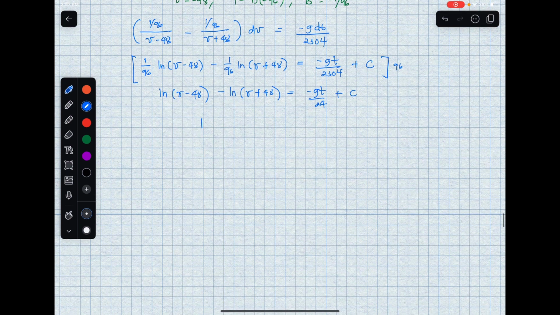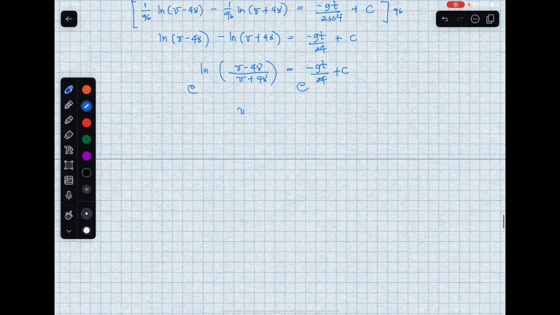So combining the two, that would become ln of v minus 48 all over v plus 48 is equal to negative gt all over 24 plus c. Exponentiating both sides, v minus 48 over v plus 48 is equal to c e to the negative gt over 24.